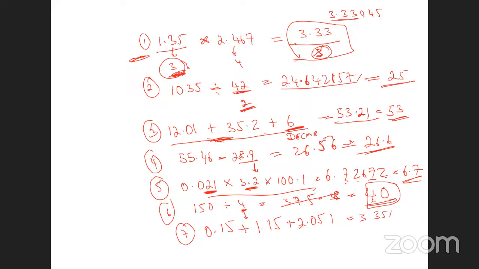We have to go for the one with the least decimal, which is this one. So my answer would be 3.35 because I'm going to keep it to the least decimal. These two are the least decimal, out of the given values, the ones with the least decimal, because there are two things in here. All right, so let me clear this one.